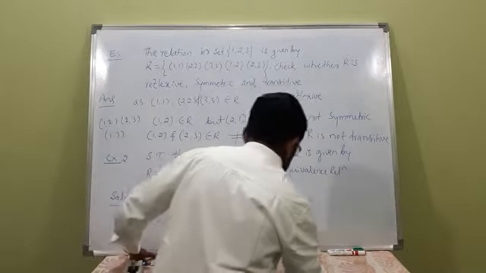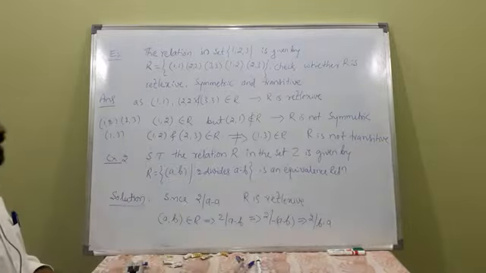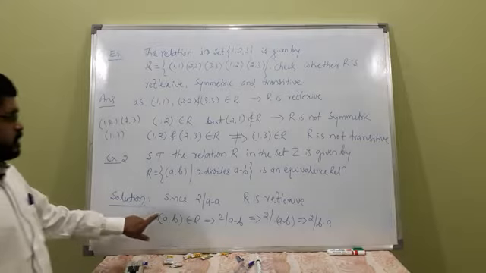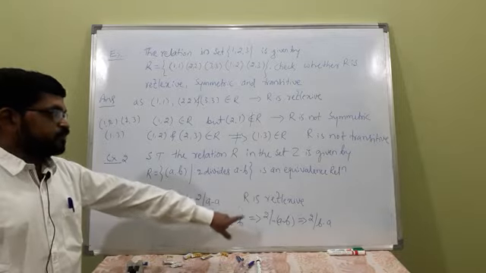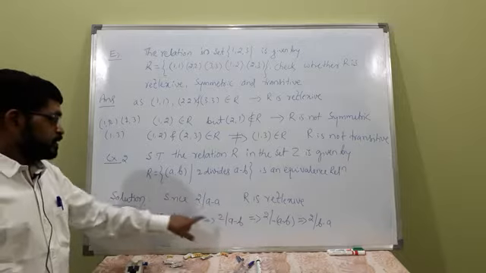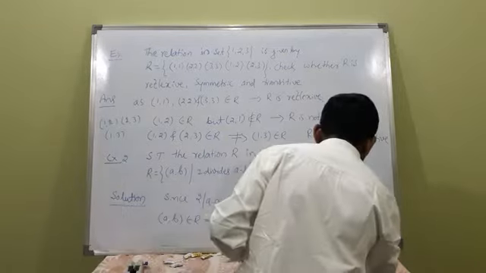That means 2 divides b minus a, which implies (b,a) belongs to R. That means (a,b) belongs to R implies (b,a) belongs to R. Therefore, R is symmetric.